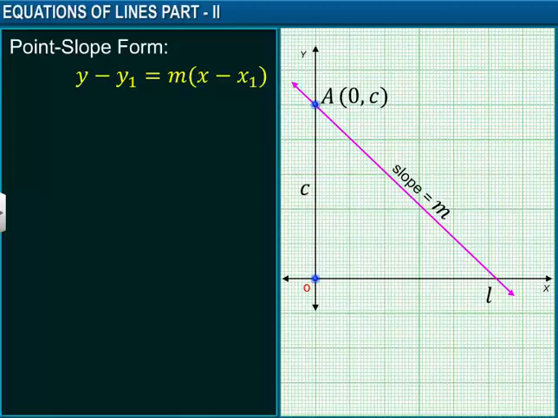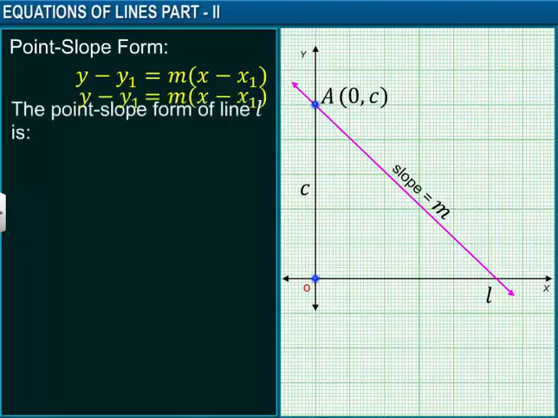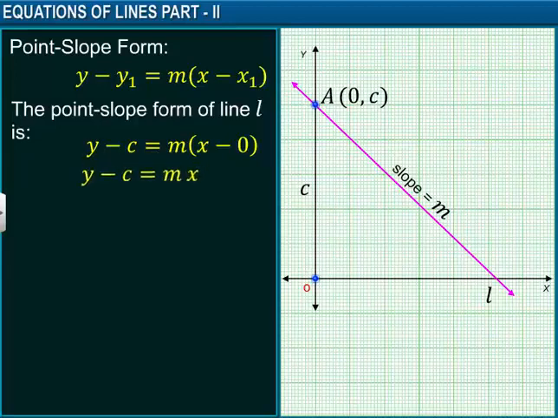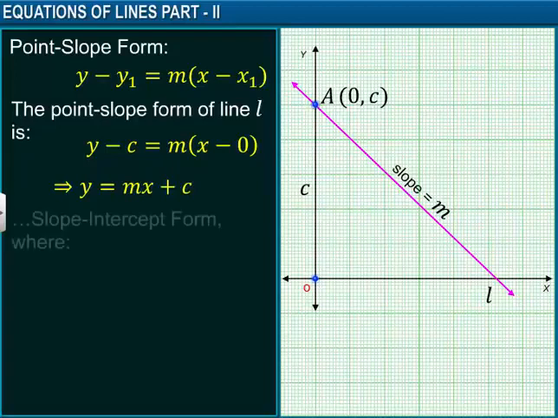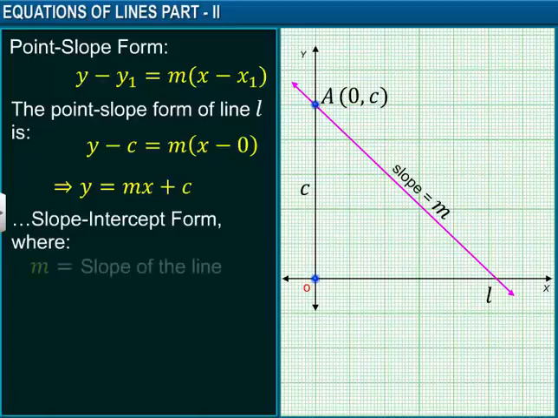Substituting the values of the slope of the line and the coordinates of point A in the point-slope form and simplifying, we get the required equation as y = mx + c. This is the slope-intercept form of the equation of a line with slope m and y-intercept c.